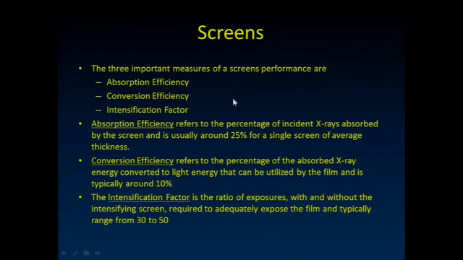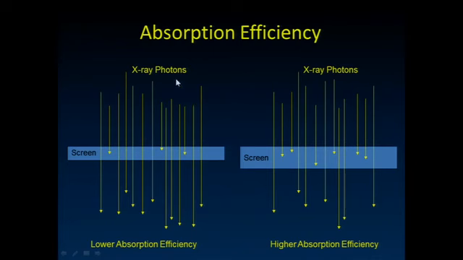When we talk about screens, we can talk about this absorption and conversion efficiency, right? Doing a better job converting some of that X-ray energy into lower energy photons that can be used to make the image. So with absorption efficiency, if you just make the screen a little thicker, it'll now stop more of the X-ray photons and convert them to that lower energy light.